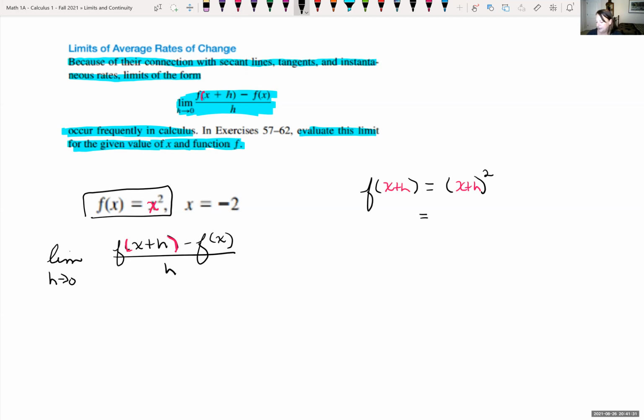Okay, so I need to expand that out, x plus h times x plus h. And if I distribute and combine like terms, you're going to get an x squared. You have an xh plus an hx, so that's really plus 2xh plus h squared.